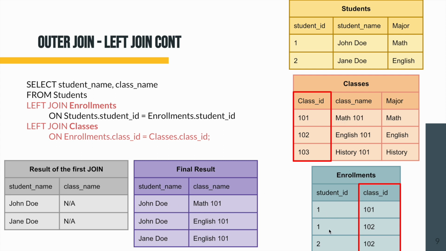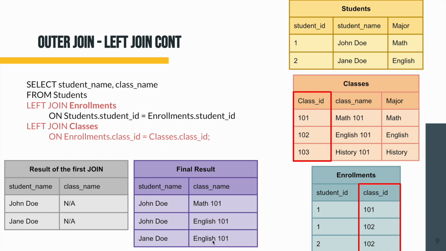Then moving forward, I have student ID 1, which again is John Doe, where the class ID is 102 this time, and 102 is English 101, and I have that here. Moving on, I have student ID 2, which is Jane Doe, and then class ID 102, and when I match it, it's English 101.